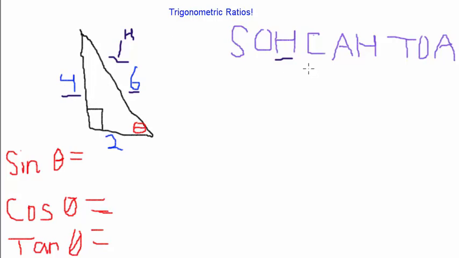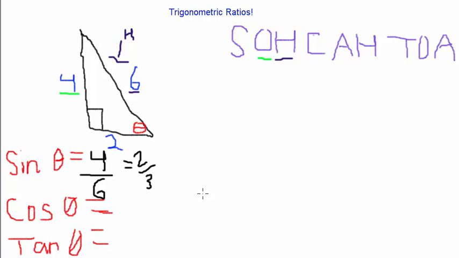Now we have our values that we can use to find the sine of theta. Our opposite is going to be 4, divided by our hypotenuse, which is 6. And so when you simplify it, our sine of theta is going to be 2/3, right?